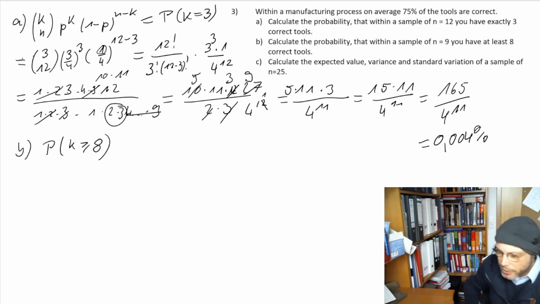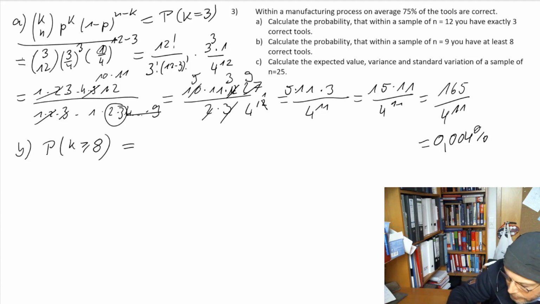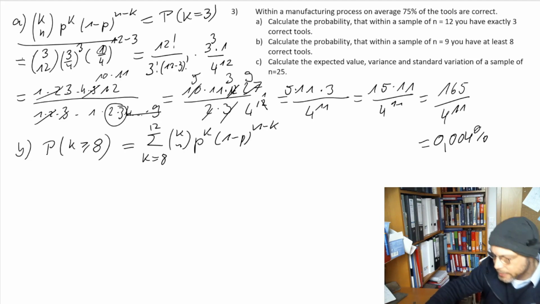You just have to put this in this formula of your distribution. So we obtain the sum of k equals 8 up to 12 of (12 choose k) p to the power of k times (1 minus p) to the power of n minus k.